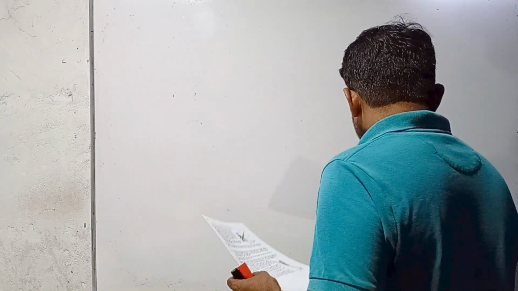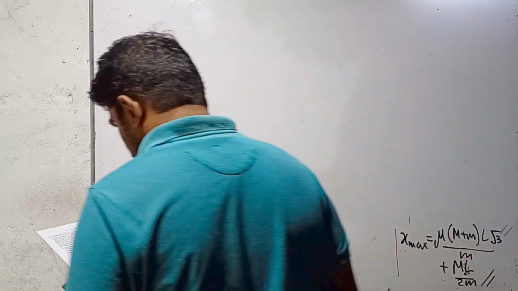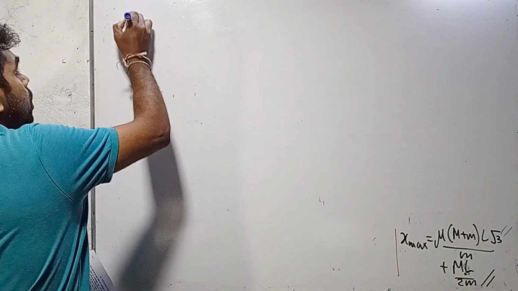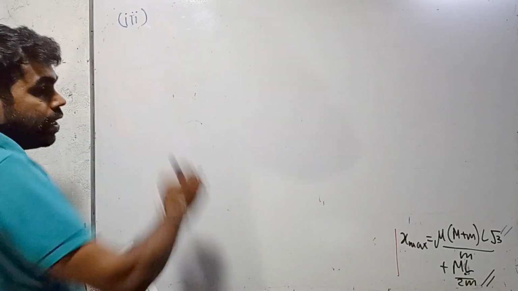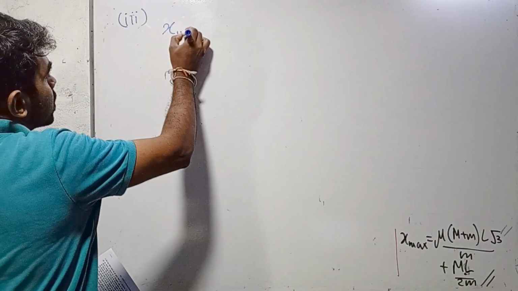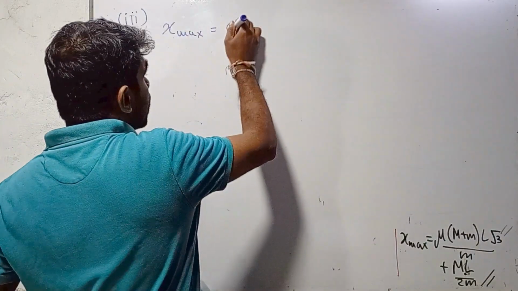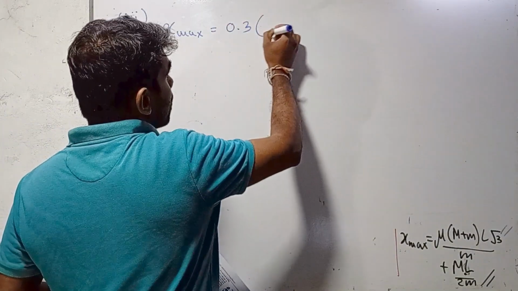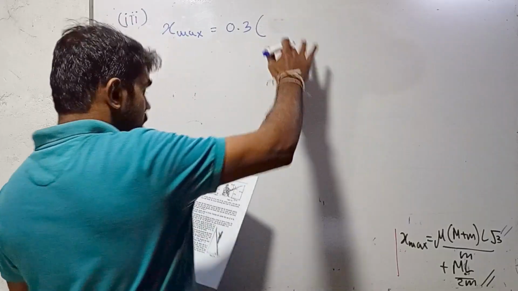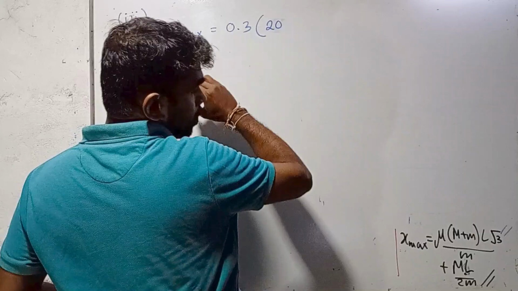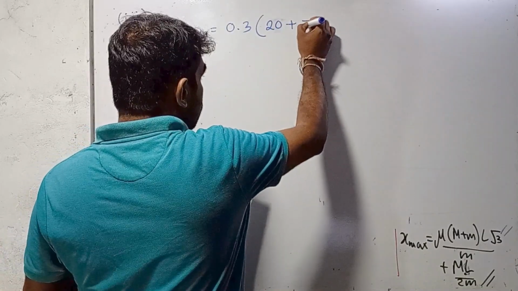Then we have to substitute given values to the equation obtained in part 2. We can write x max equals mu value 0.3, capital M, it is the mass of ladder, it is given as 20, plus simple M 70.